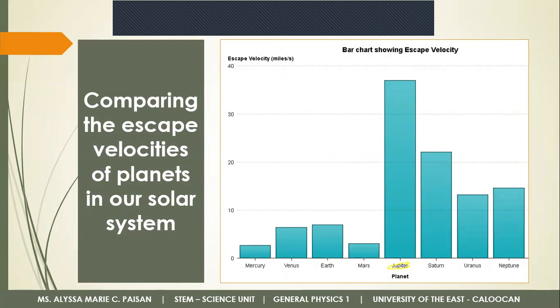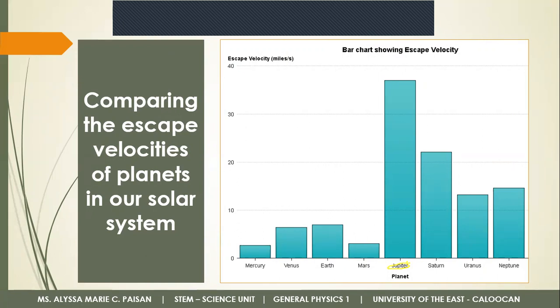Kapag mas mataas yung mass ng object, again, mas mataas yung escape velocity niya, at ibig sabihin nun, mas mahirap mag-escape dun sa planet na yon. It is harder to escape the gravitational influence of a more massive body. The more massive the planet is, the harder it is for an object to escape its gravitational influence.